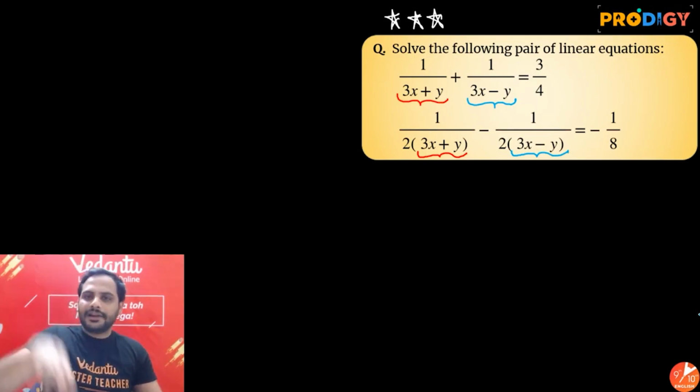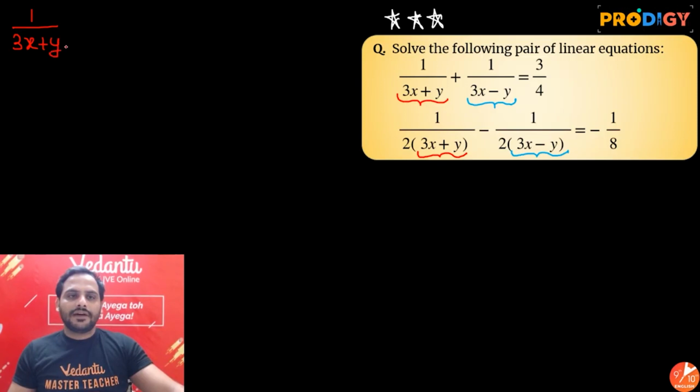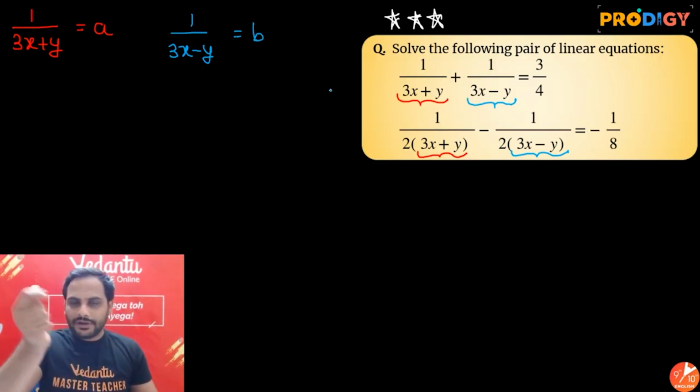So if I replace 1 upon 3x plus y with a, and if I replace 1 upon 3x minus y with b, see the common part, what can be converted.